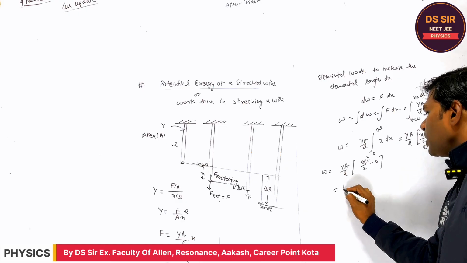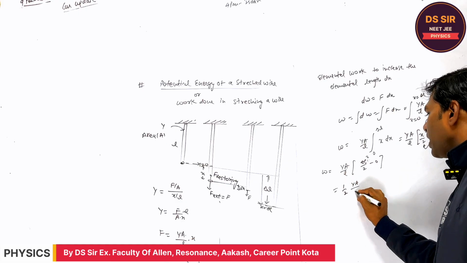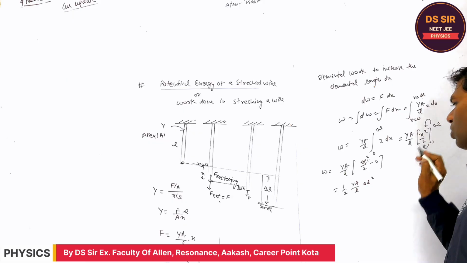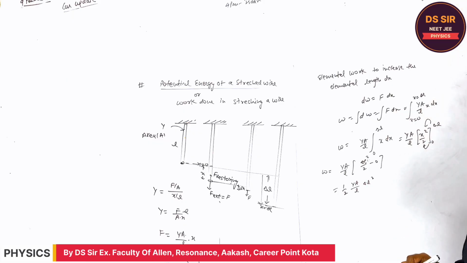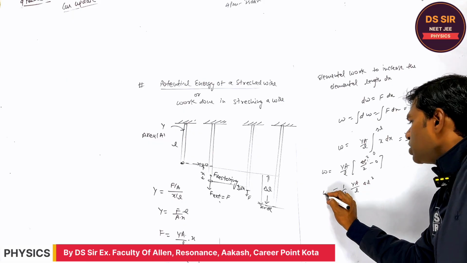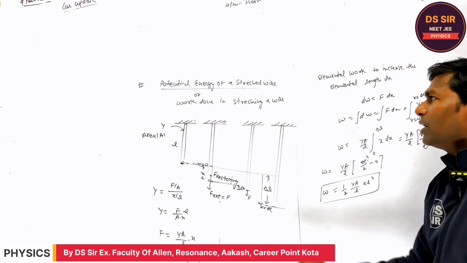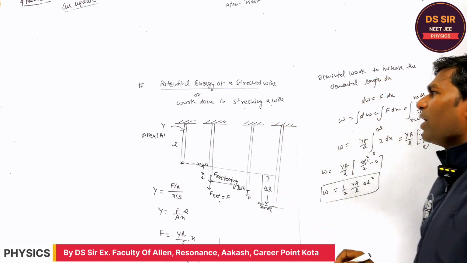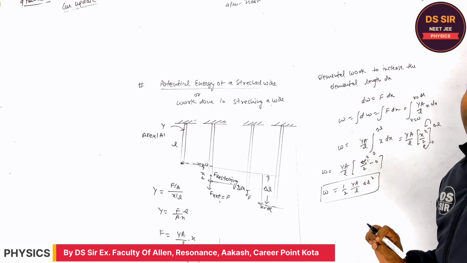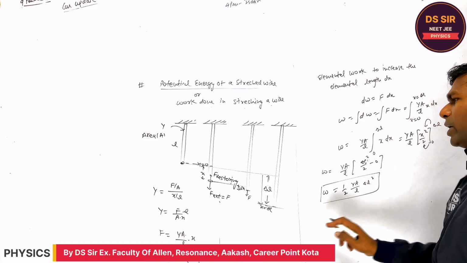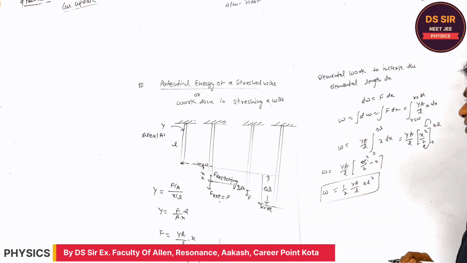So it becomes 1 by 2 YA upon L into delta L whole square. Is it clear or not? This is the total work, the work done in stretching a wire from 0 to delta L. Are you getting it or not?